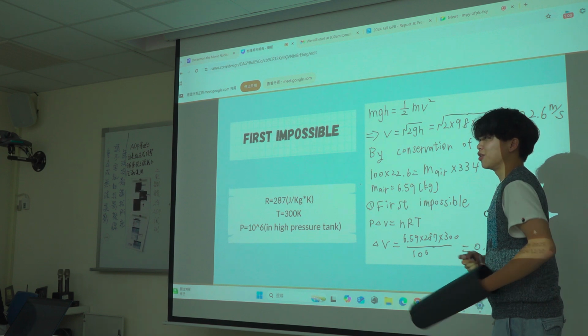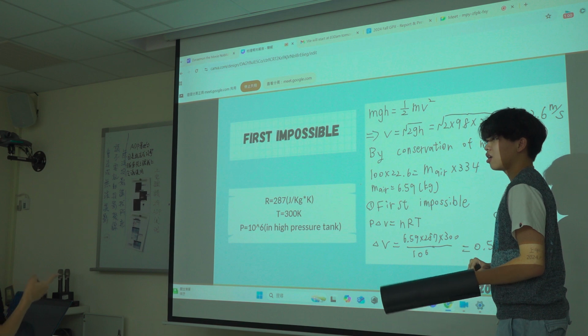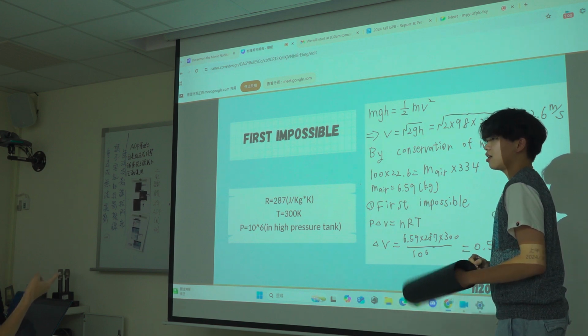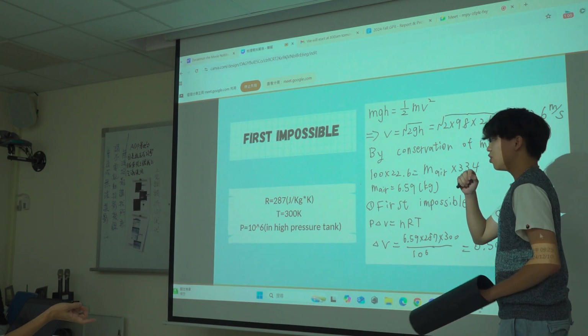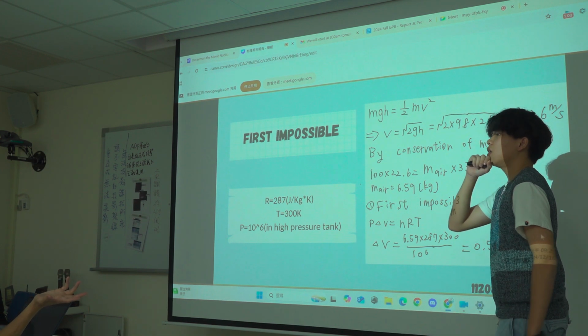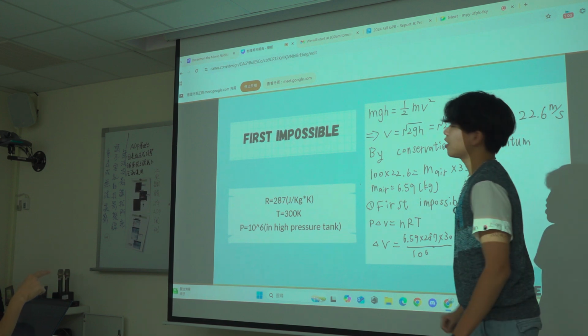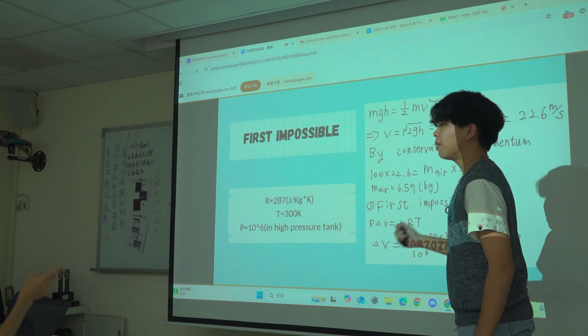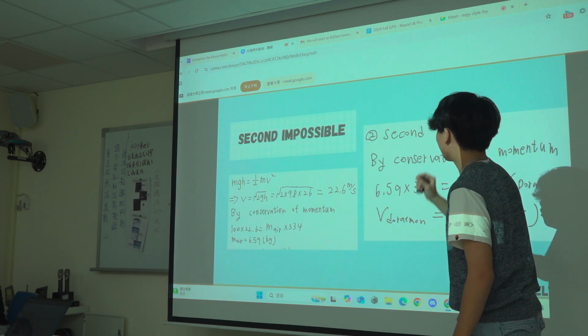But you can't make it higher because this is the tank pressure, right? Pressure should be higher than the tank, no? So calculate how much higher pressure you need to make it possible. Okay. Next impossible.